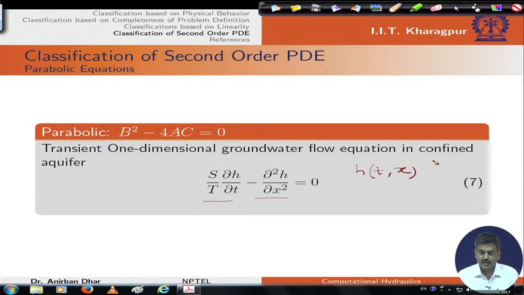So, if you compare this equation with our linear PDE equation, that is x and y, we can find out the coefficients a, b, c, and based on that we can comment on the nature of the partial differential equation.